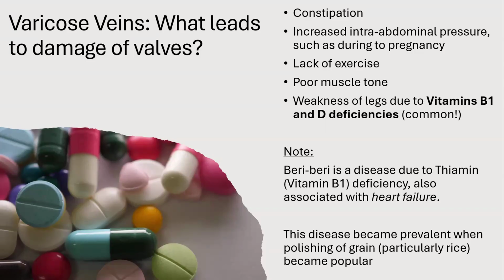And then the muscle tone, that's what we are discussing as well, is also affected. Now, this disease that we call beriberi or vitamin B1 deficiency became very common and very prevalent when polishing of grain, particularly rice, became popular.